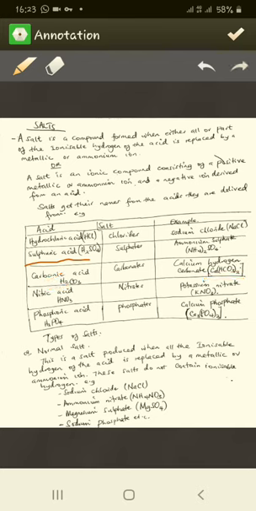This is nitric acid. The salts formed from nitric acid are nitrates, meaning if we have potassium nitrate, potassium has replaced one hydrogen and the salt formed is potassium nitrate. As you can see, we have phosphoric acid.